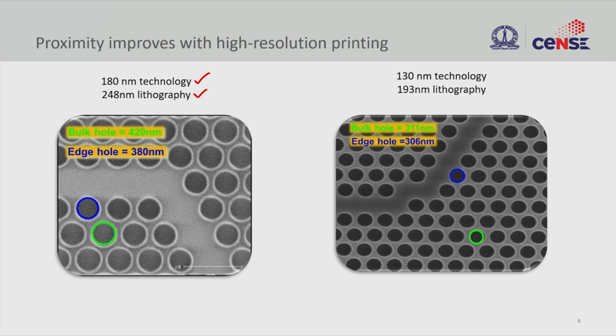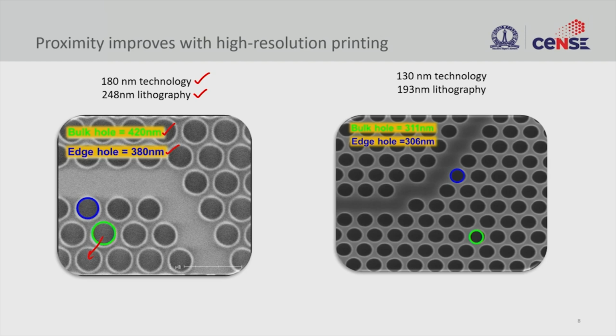We are illuminating exactly the same object, and your bulk holes, that means the holes that are inside, got a hole diameter of 420 nanometer, and the edge holes got only 380 nanometers. This is a classic proximity effect, the edge effects.